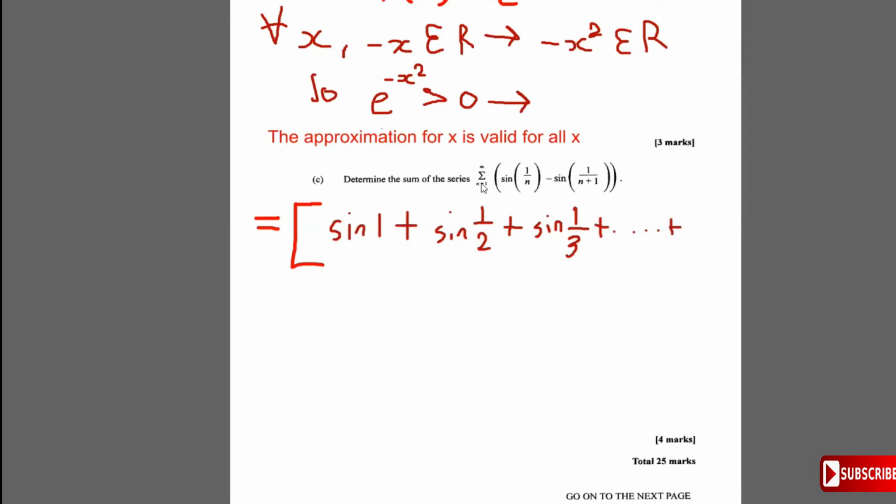Plugging in the last term, n as infinity, which we can't necessarily do, 1 over infinity is 0.